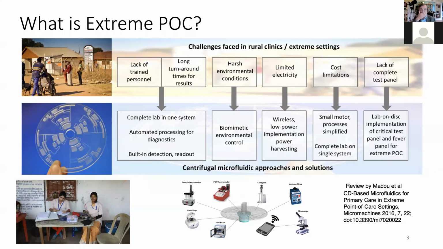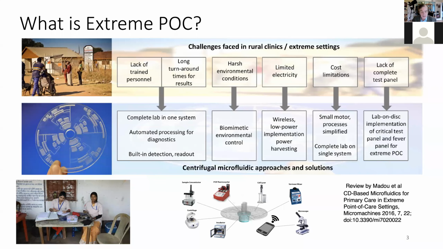So what is extreme point of care? Well, there are so many challenges. If you look at rural clinics in extreme settings, there's lack of trained personnel, long turnaround times for results. When you do culturing of microbes, you might have to wait 3-4 days, maybe a week to get your results back. You're working in harsh environmental conditions, limited electricity, cost limitations, and lack of a complete test panel.